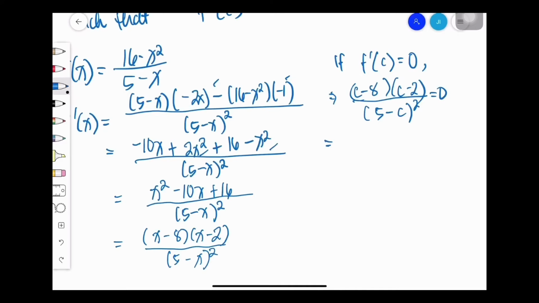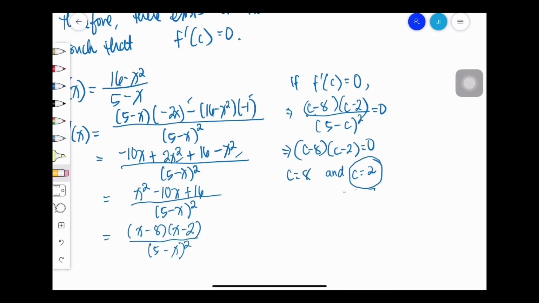Since 5 is not in the interval we are considering, then we can multiply 5 minus c squared on both sides. Then we have c minus 8 times c minus 2 equals 0. So we have c equals 8 and c equals 2. Well, since 8 is not in the open interval -4 to 4, then we choose c equals 2.